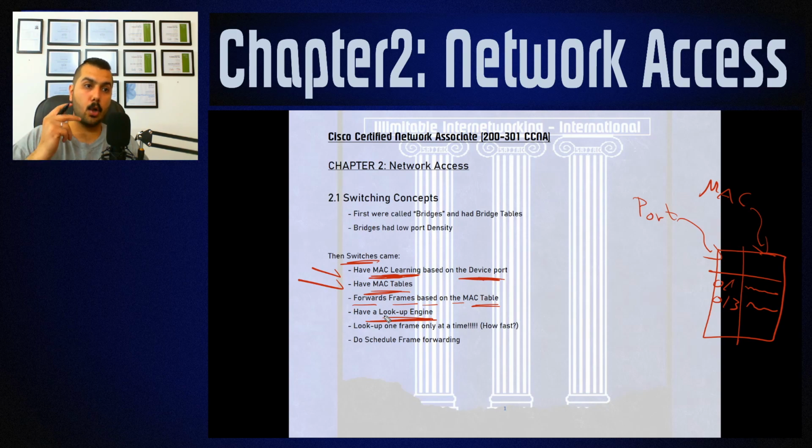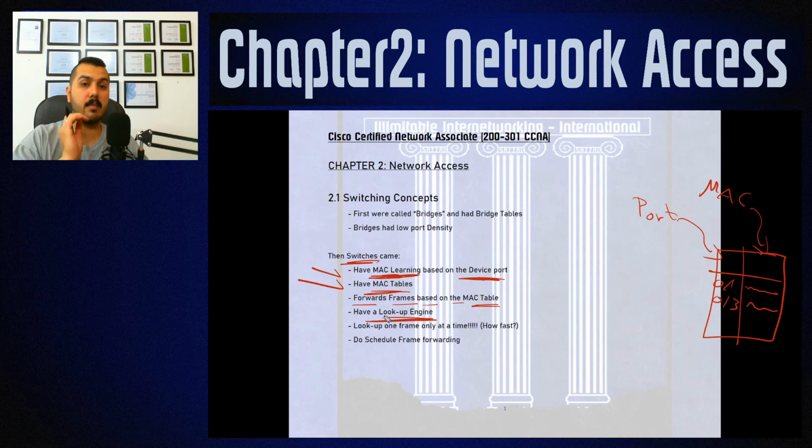So two persons are trying to contact the same destination at the same time. Me as a switch, I have a lookup engine. I establish a queue and list the frames in the queue one by one, and I look at each one of them at a time, only a single frame at a time.